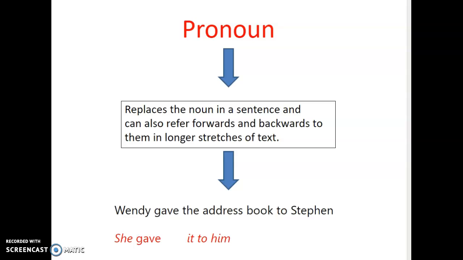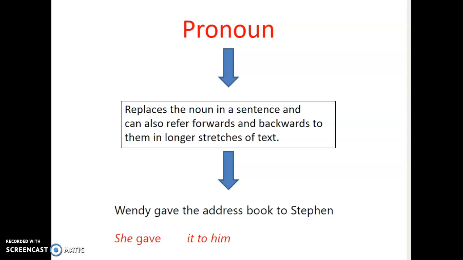And that is what we're going to be focusing on for today's lesson. So pronouns, and I would like you to jot down the definition of these word classes as we go through. So they quite simply replace the noun in a sentence. So replacing sometimes the subject or the object in a sentence.